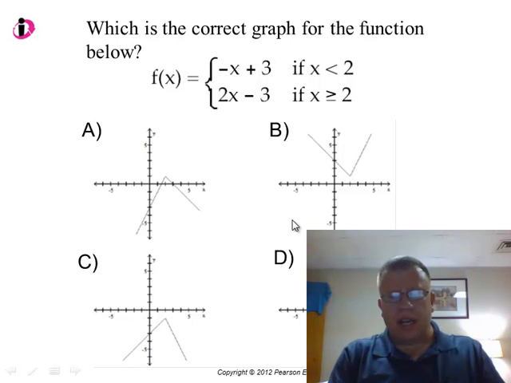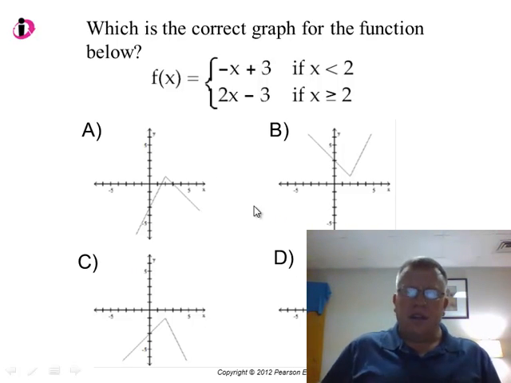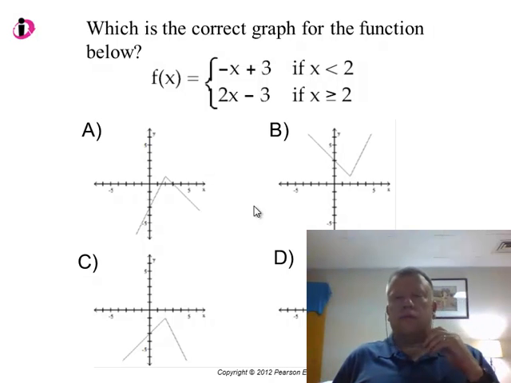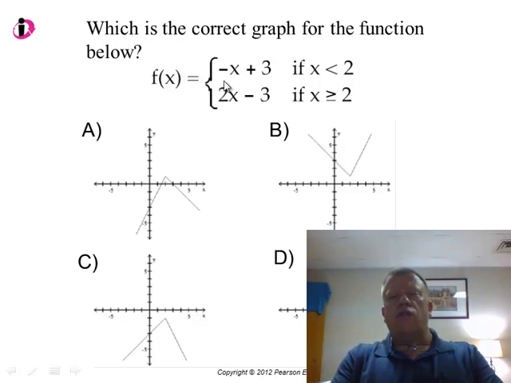I'll give you a couple seconds to locate the graph. As you're looking through there, just take a look at this first function. When x is less than 2, the graph is going to be a line with a negative slope.